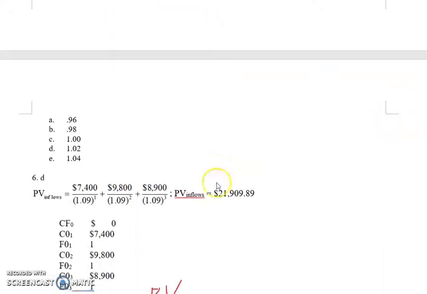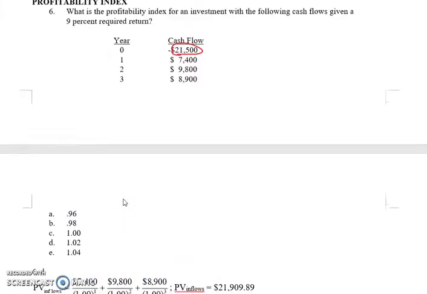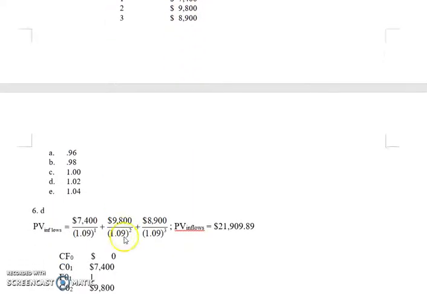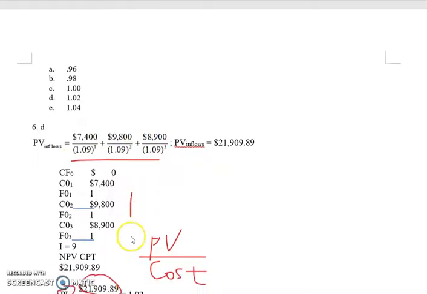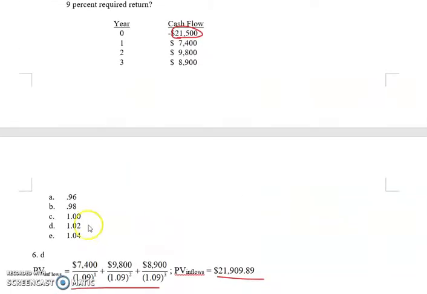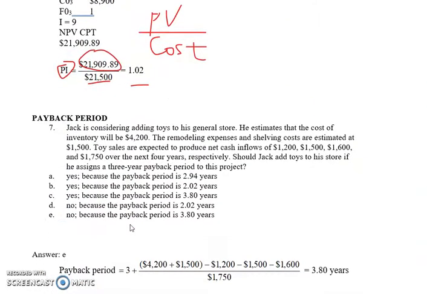So the cost is 21,500. The first step, you need to find the present value. Again, we know the cash flow for year 1, year 2, year 3. Just do the calculation, right? You can use the formula or a financial calculator. You will get the present value is 21,909.89. So PI is 1.02. Answer is E. Sorry, D.